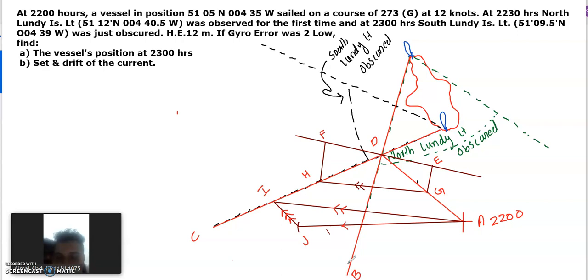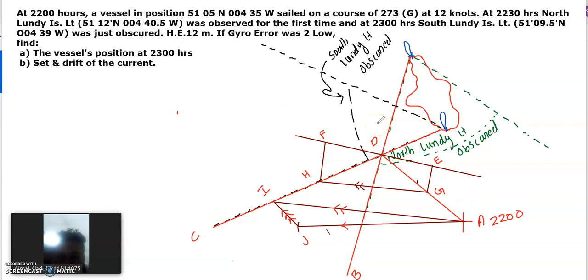Then we continued on the same course, and at 2300 hours the South Lundy Lighthouse was just obscured, that means it vanished. In this sector on the question paper you can see a dotted line with black dots.